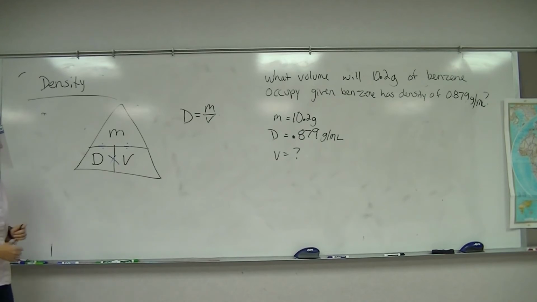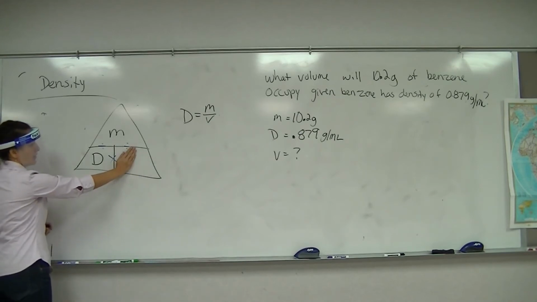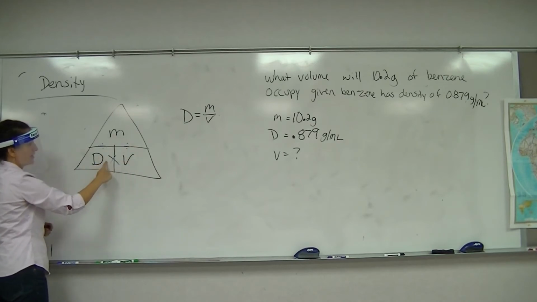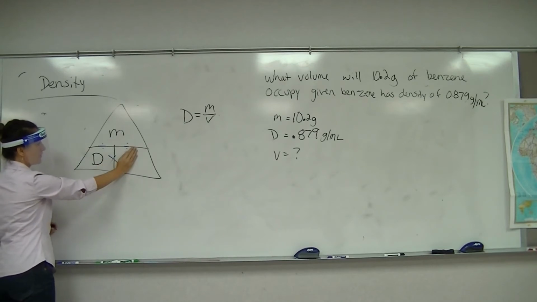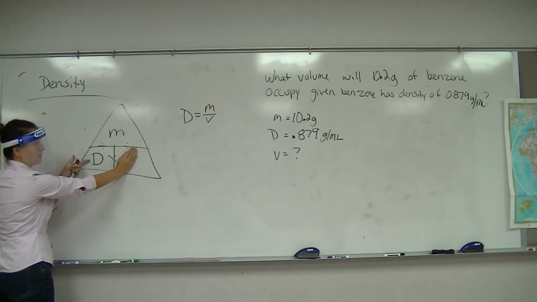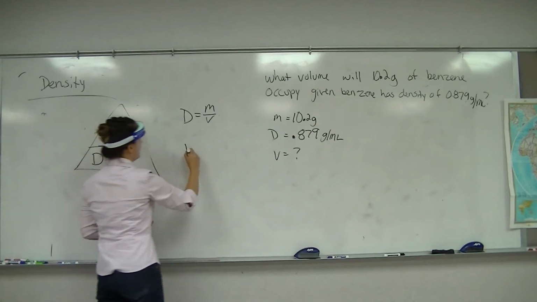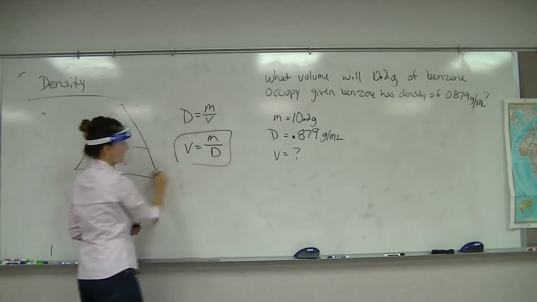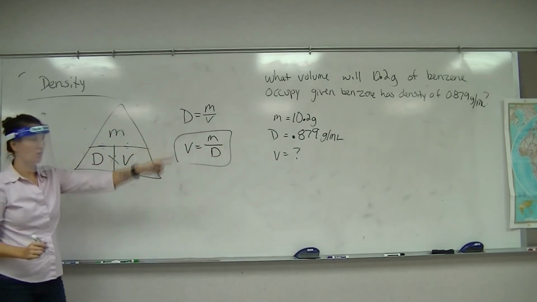Whichever one you're trying to solve for, you cover that one up with your hand, and then you apply the order of operations to the remaining variables. If I'm solving for volume, I cover that up, and that means I take my mass and divide it by my density. So volume is mass divided by density. This is my new rearranged equation.